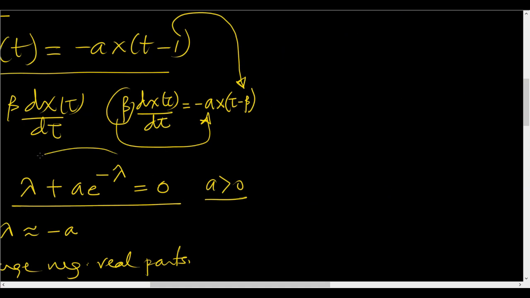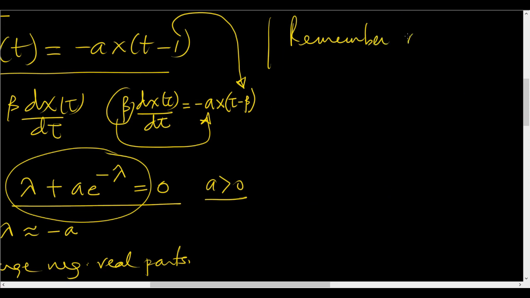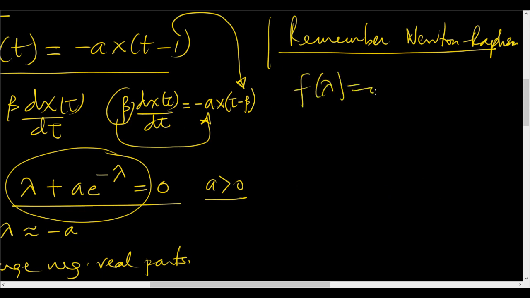Okay, all right. So let's look at some of these roots, and a good way to do it is to find the gradient here. So remember Newton-Raphson. Let's just implement it in the complex world, it doesn't matter. So f of lambda equals 0 is what we are trying to solve. That's f of lambda there.